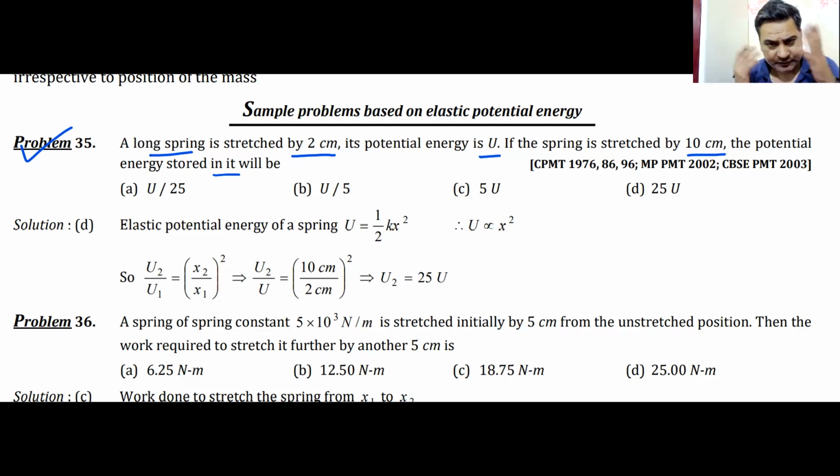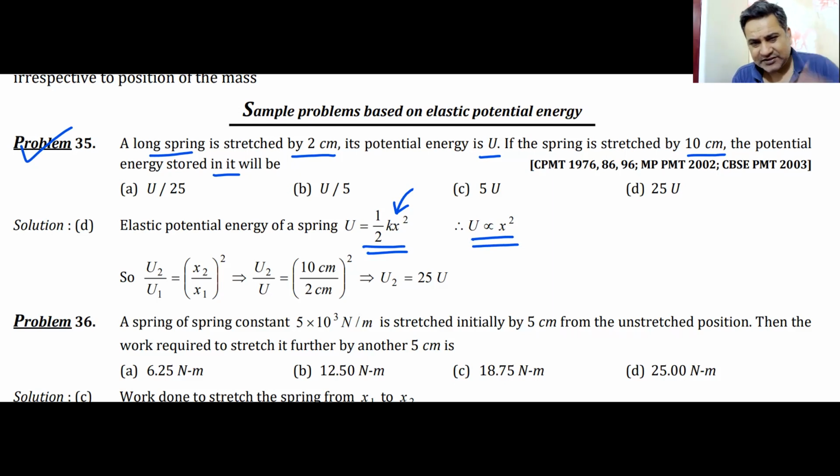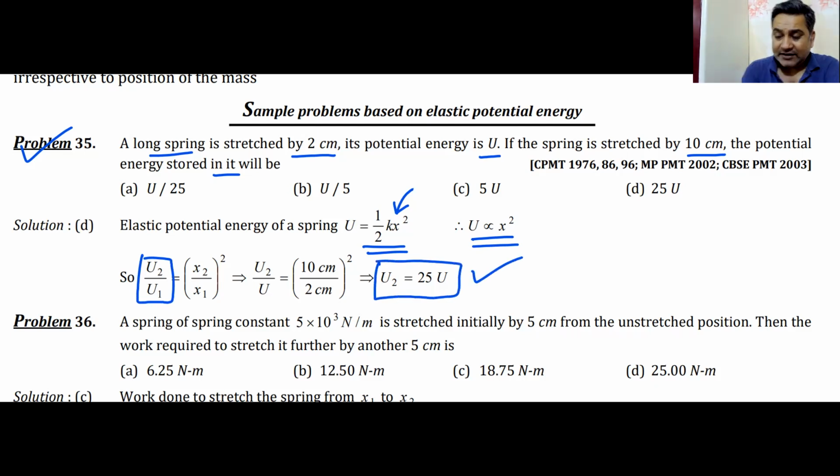It is pretty simple. Spring is same, so spring constant will be same. Energy stored in the spring is half kx squared. Since k is same, I can write energy is proportional to x squared. So energy in the first case will be half k into 2 squared. Energy in the second case will be half k into 10 squared. You can find the ratio U2 by U1. It will be 10 by 2 whole squared. That is 5 squared, which is 25, and you have your answer as 25 times U. That will be the energy stored in the spring.